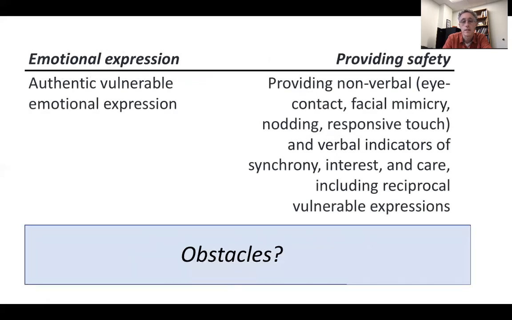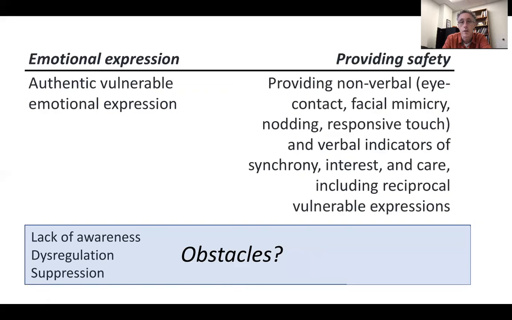We also talked after the exercise about the obstacles that show up in this situation. And the primary obstacles are first, lack of awareness. We're just not aware of what we're feeling, or we're not aware of what the other person's feeling. And that, of course, interferes with our ability to express what we're feeling and our ability to provide safety in response to the other. And then our feelings can get in the way in two ways. We can be feeling too much, dysregulation, or suppressing and not feeling enough.